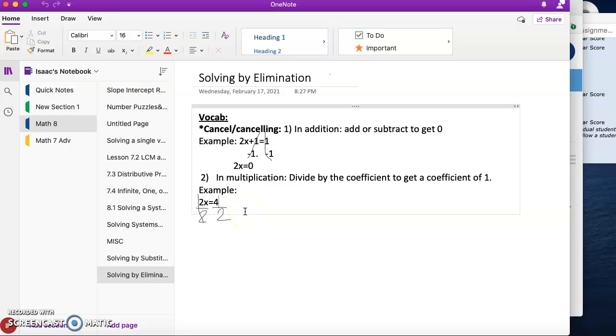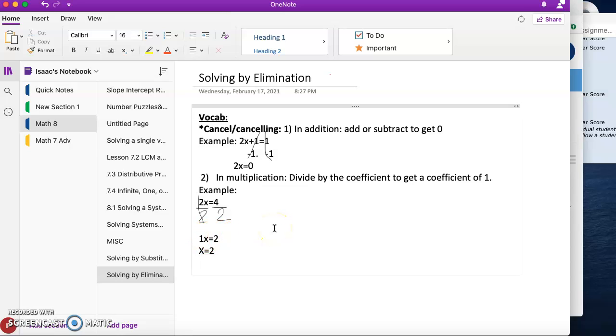And then we'd get x, or 1x equals 2. Now, I know that we don't usually say 1x because it's redundant. It's the same as saying x equals 2. Even so, you get the idea.